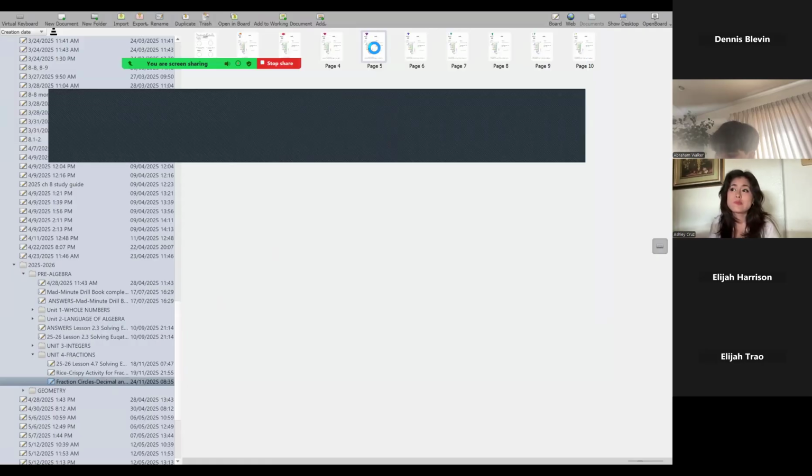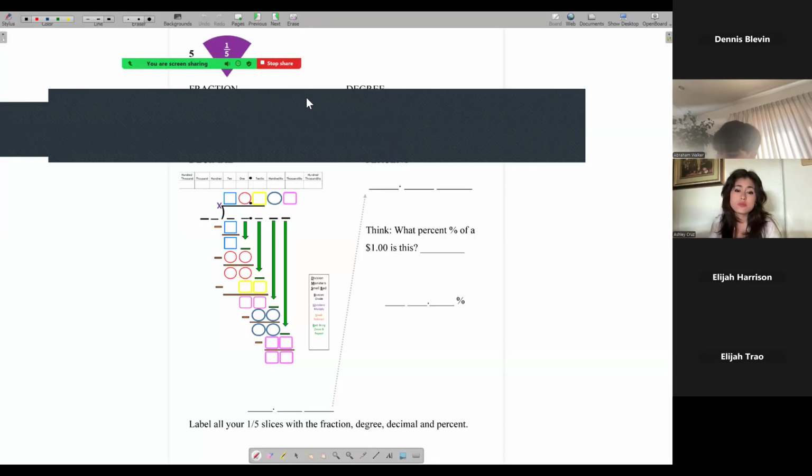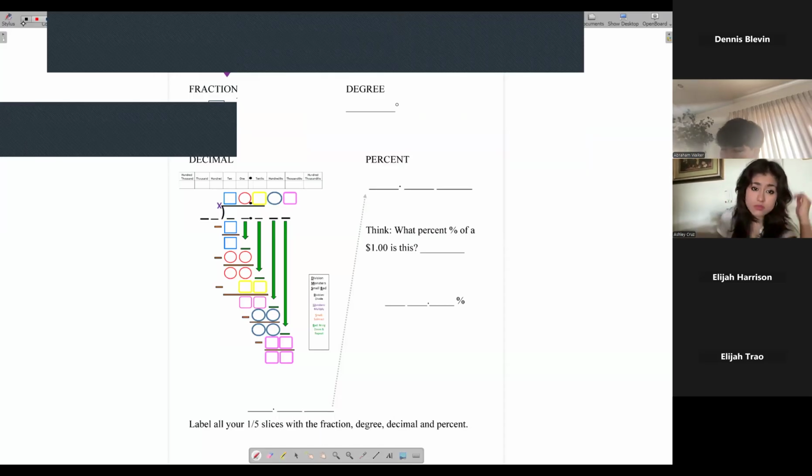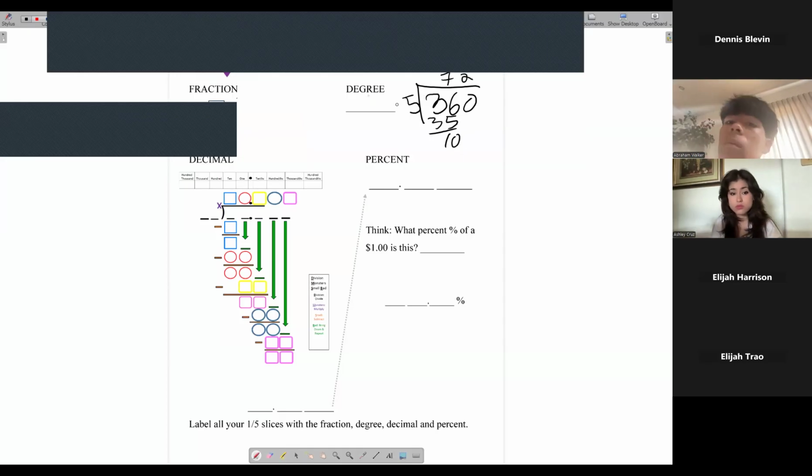Let's see, I think we're here. Is that 5? That's 5. Okay, Ashley, can you see that, ma'am? Yeah, I can. That's 72, right? Yes. So we do 360 divided by 5. You're correct. 5 goes in there 7 times, 35, 1 0, and goes in there twice. So you are correct. 1/5 of a circle is 72 degrees.